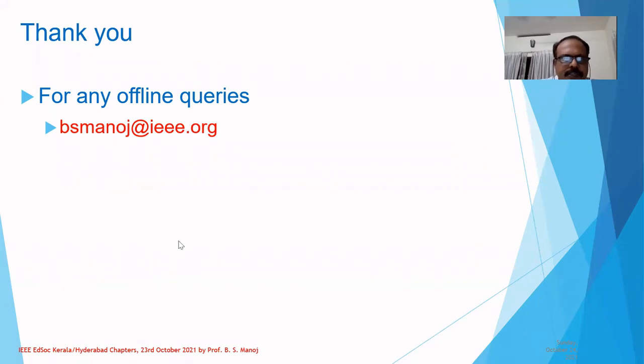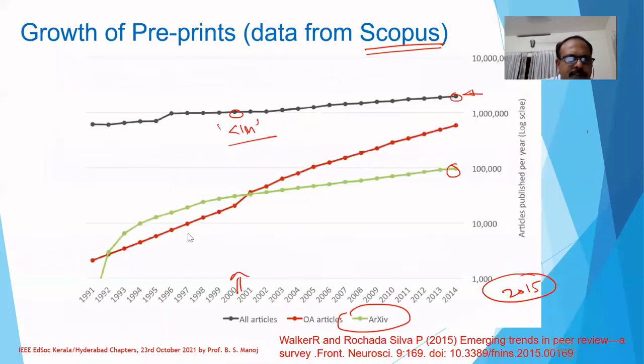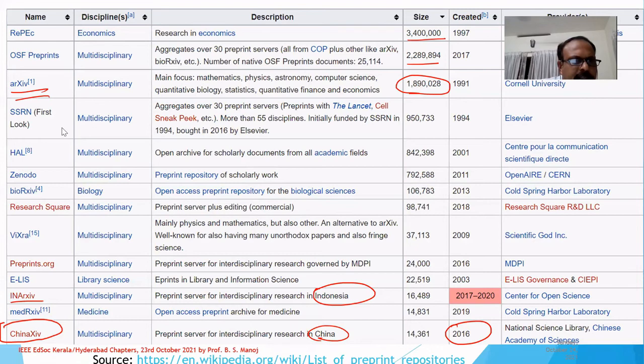Let me just show whether the slide I have is among the top 10. I remember one of the preprint services had been purchased. I don't know whether it is Elsevier. This is actually not listed here. Actually, here it is. SSRN was a multidisciplinary preprint service.